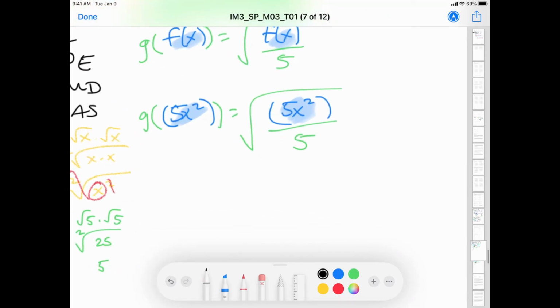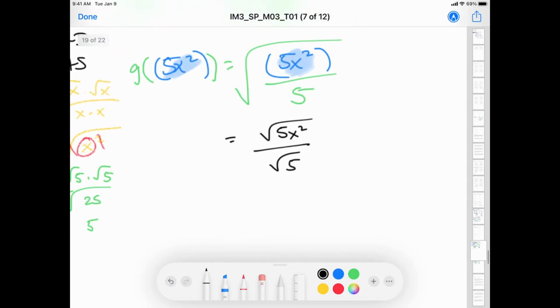Okay, over here, they're both inside the square root, so you can do something like this. And you could do a couple of things here. You can break them up, and there you would see radical 5 divided by radical 5 is 1.